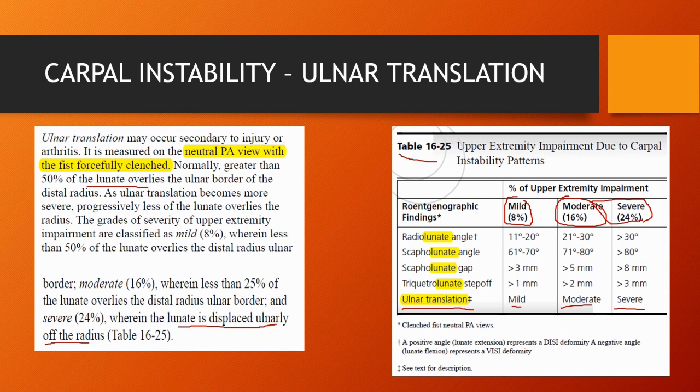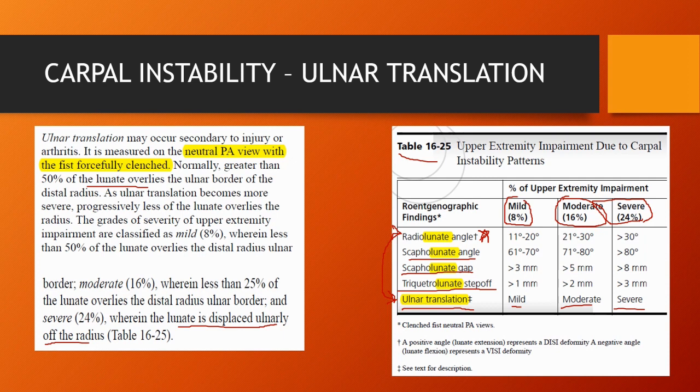Okay, so table 16-25 describes the non-dissociative carpal instabilities as being assessed through measurement of the radiolunate angles and through assessment of ulnar translation, whereas the dissociative forms of carpal instability are described through measurements of the scapholunate angle, scapholunate gap, and the triquetro-lunate step-off, as well as an overlapping measurement involving the radiolunate angle.